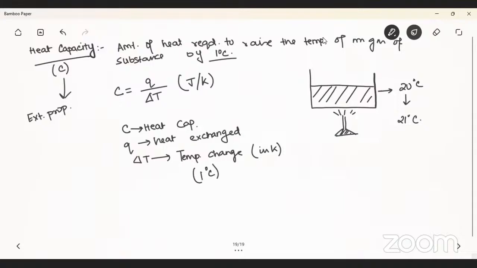When you use this formula and put in this value, whatever you get is the heat capacity of this substance. This is the plain definition of heat capacity. One more thing, C is also a path function. Remember this.